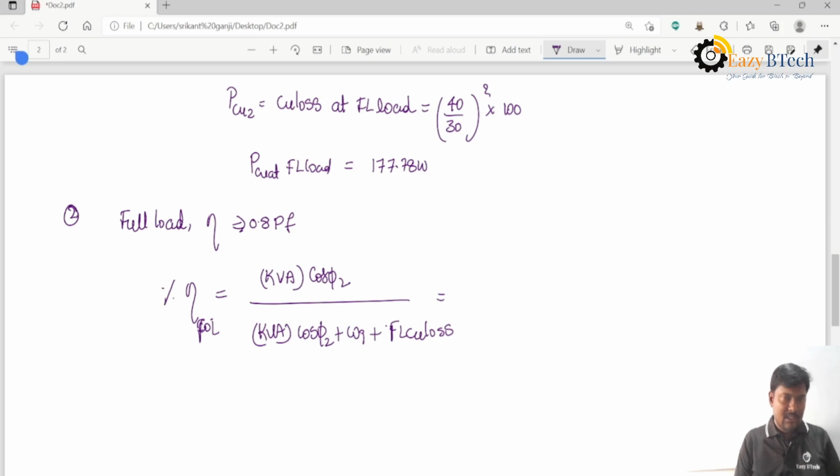The kVA is E2 I2, where E2 is 250 and the current is 40 into 0.8.